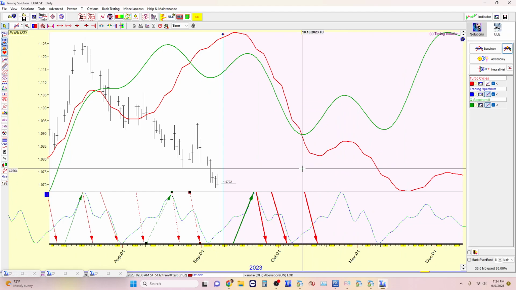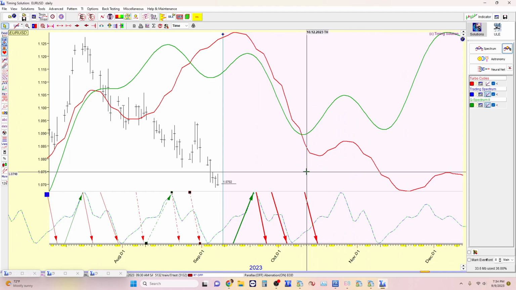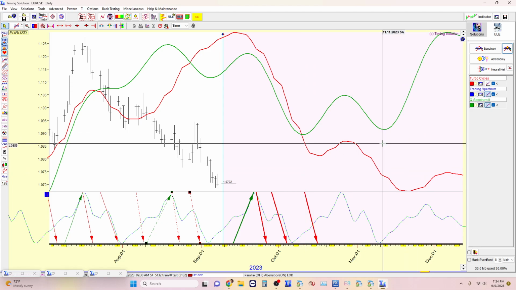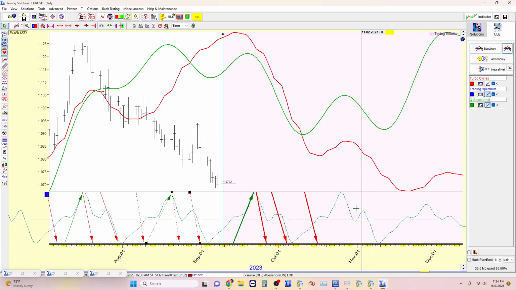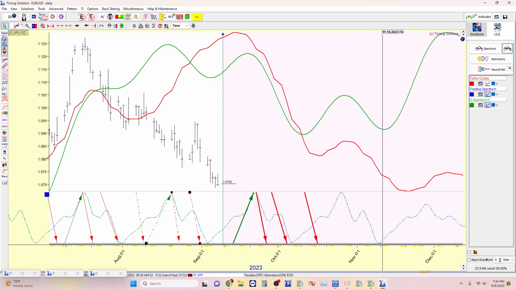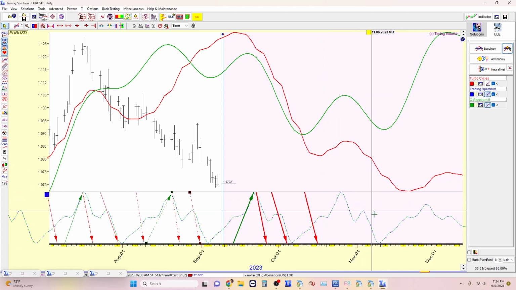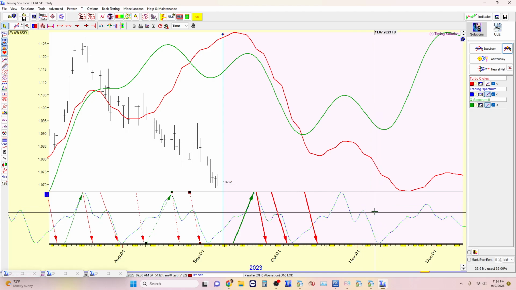So the Q Spectrum 2 on the green line is thinking 10/20 or 11/11. Then it's got the same here. So I don't know. We'll see how it goes. It might be a little bit after November to hit its target.